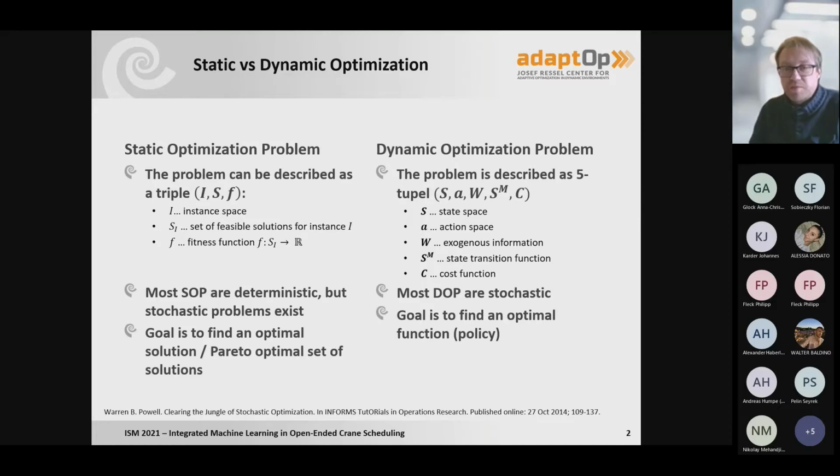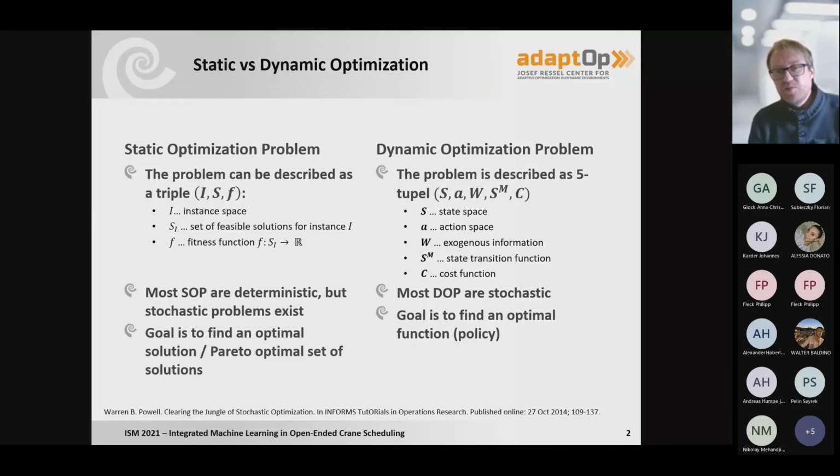You can make some optimizations, but with respect to a certain cost function, you may end up targeting a system state where the buffer is full and you cannot do anything anymore. That's something you have to avoid, so you have to consider cost functions very carefully. The main difference from an algorithmic point of view is that in a static optimization problem you intend to find a solution, usually described as a vector of decision variables.